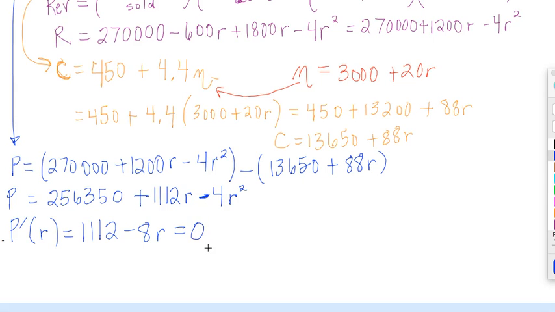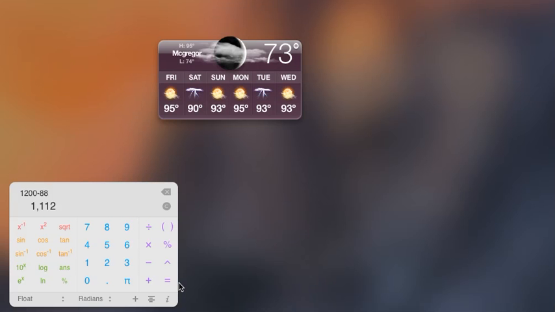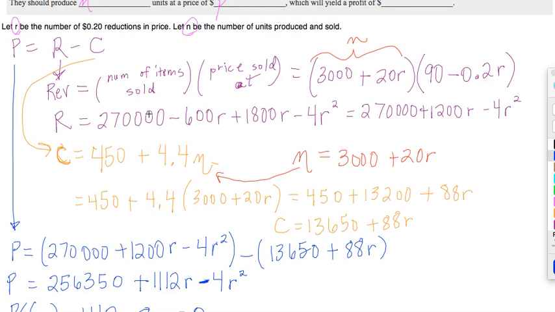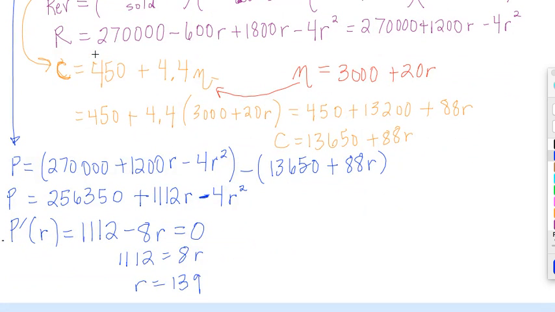So we'll just set the derivative equal to 0. So where does 1,112 equal 8R? 1,112 divided by 8 is 139. So this is saying we should have 139 reductions in price of 20 cents.